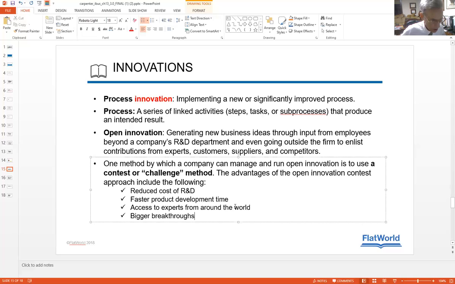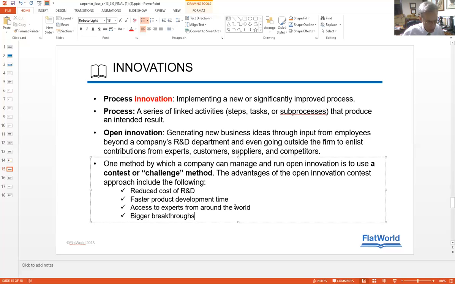And so the question is, how can you access that knowledge outside your company and still stay safe in terms of competitive advantage? It's a tricky process, but it has attracted a lot of attention lately. So the textbook then talks about ways in which you might be able to tap in to some of those external sources.